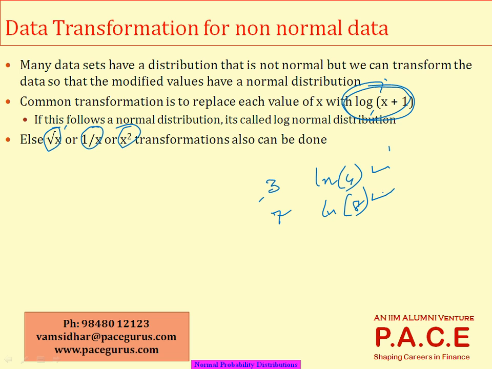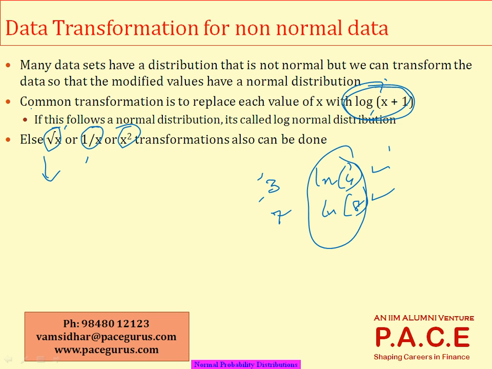After you take all these values, try seeing if this data is following a normal distribution. Again, either using your histogram or outlier check or even the normal quantile plot, any of those mechanisms, check if the data is following a normal distribution after it is transformed. If it is not, then try root x, which means for every original value of x, find the square root of that.